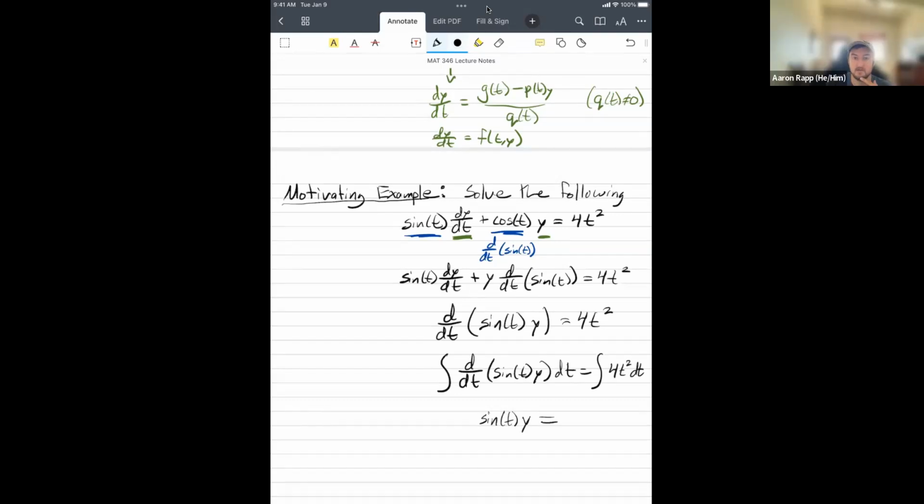And then all I need to do is figure out, okay, what's the antiderivative of 4t squared? What is that going to be? Four t cubed over 3. Yep. I'm going to write that as 4/3 t cubed.